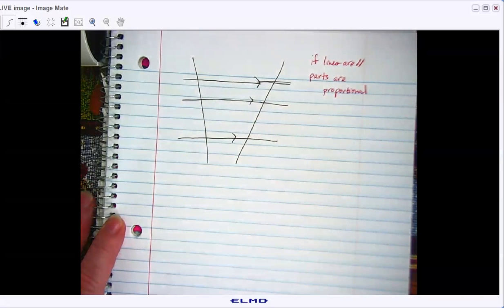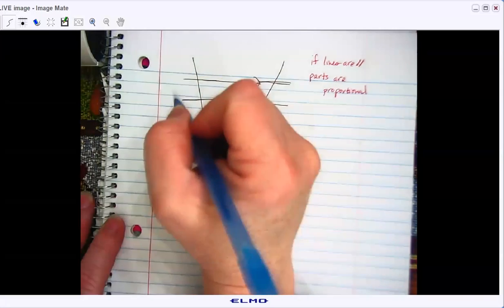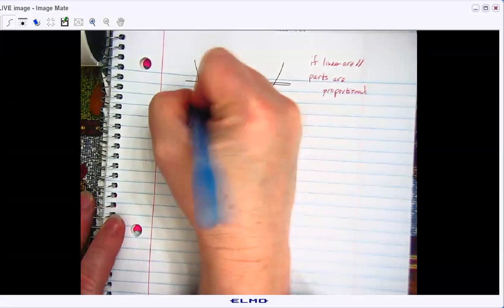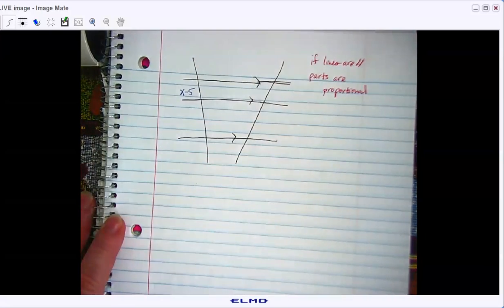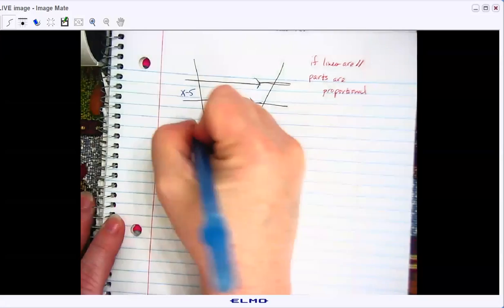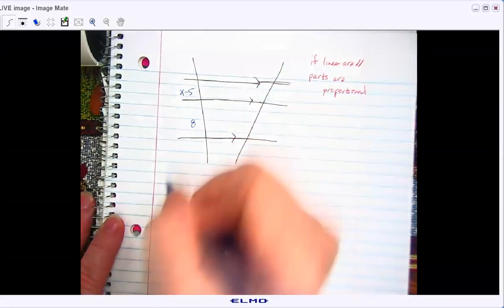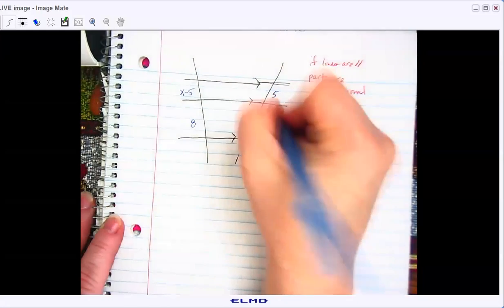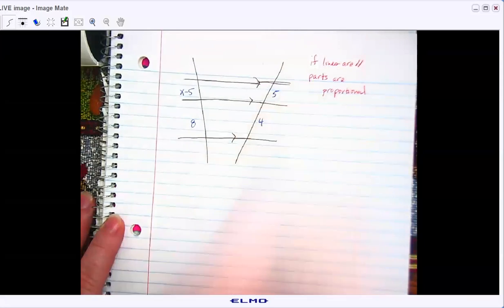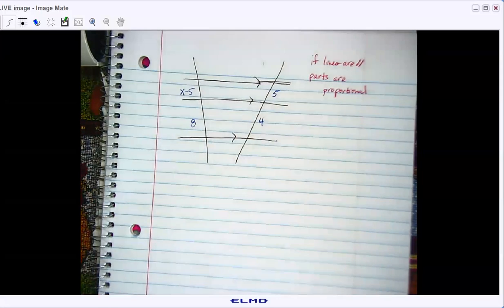Okay. So if I give you the parts, this would be x minus 5. This would be 8. This would be 5, and that would be 4. We're going to do the same exact thing that we did before.